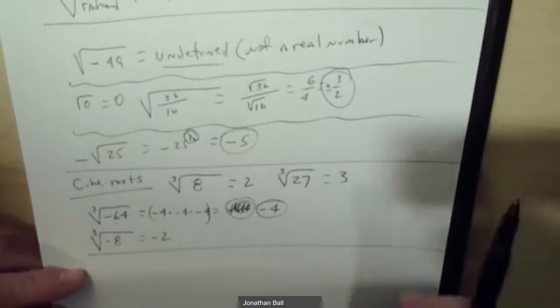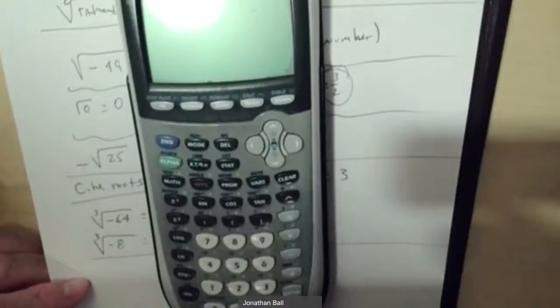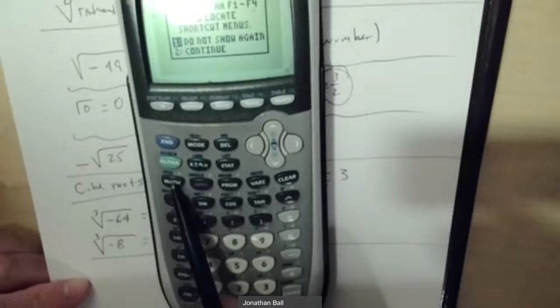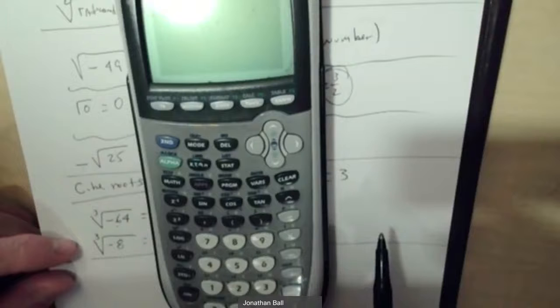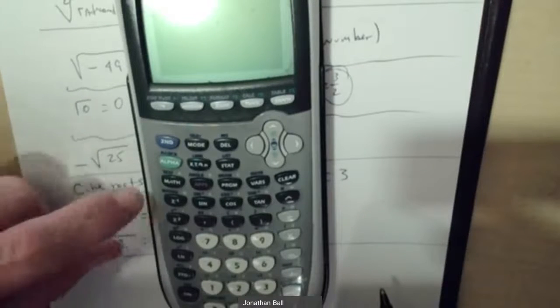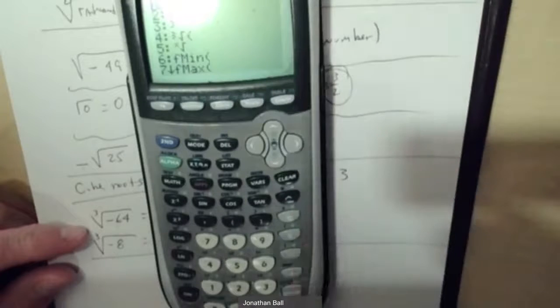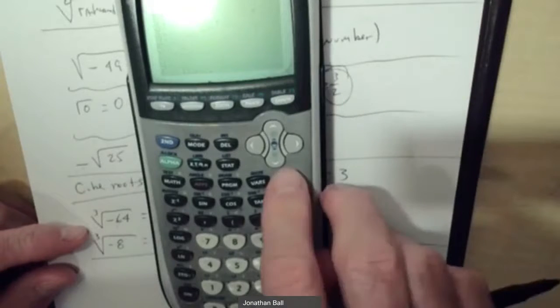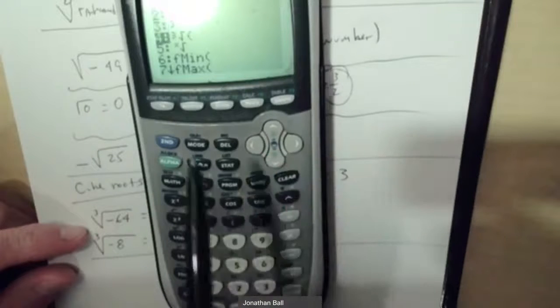Okay, and the big graphing calculator will deal with that also. First you turn it on. Go to math, right here. We're going to take the cube root, so we put a 3 in, math. It already has a cube root thing here. Cube root's the number 4.